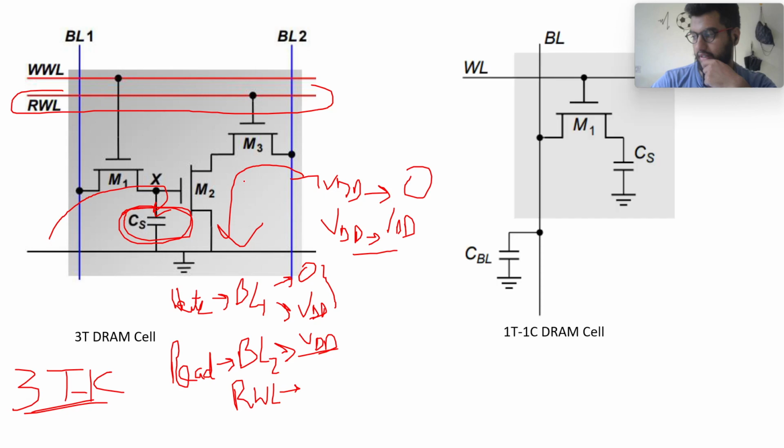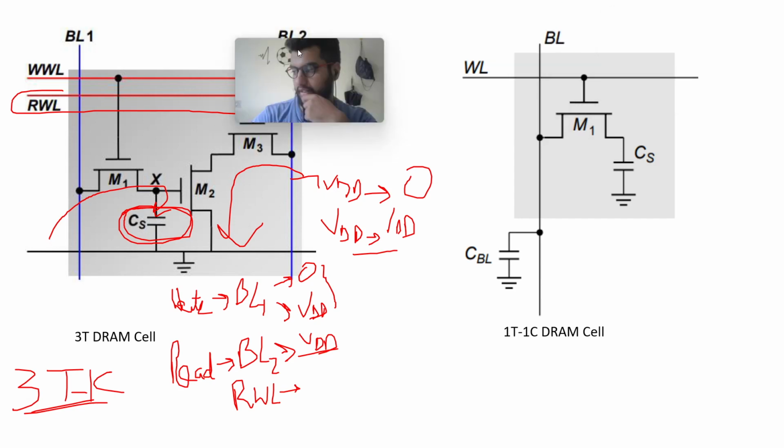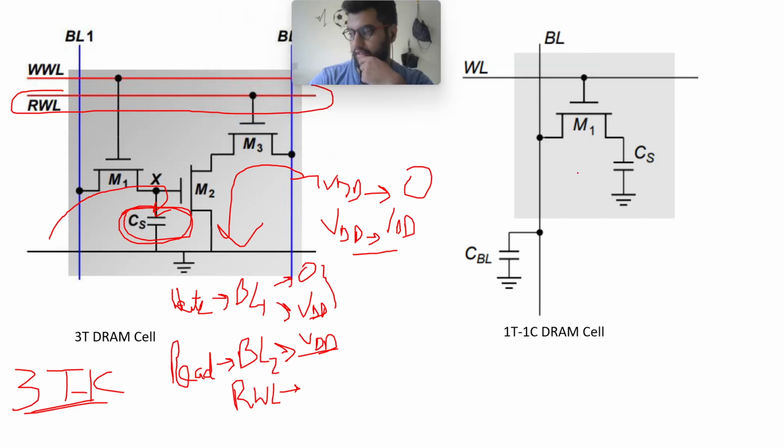We also have one more architecture, which is 1T1C, that you are, I think, familiar with. This is your 1T1C architecture, which is also sometimes referred to as 1T DRAM. Here we have a word line that is shared between the read and write path, and a single bit line.